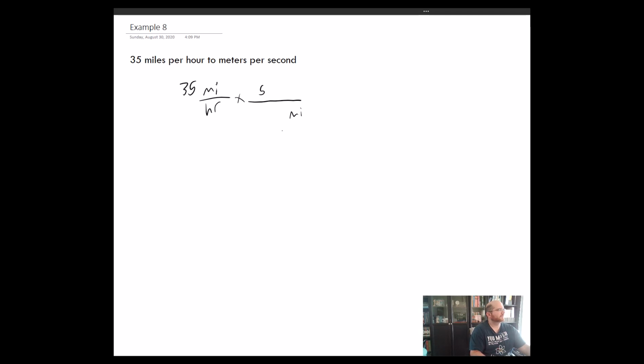Alright, and I don't know how many meters there are in miles, so I'm going to go to feet. So there are 5,280 feet in 1 mile. And then in 1 meter, there are 3.3 feet. And so miles cancels miles, feet cancels feet, and we have meters left over.